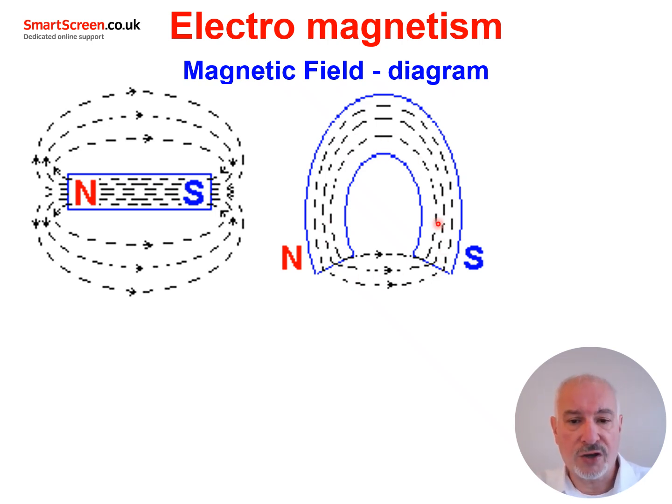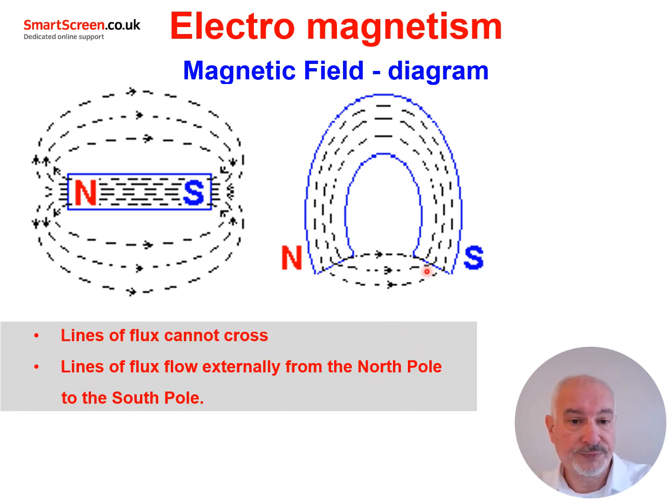So we've actually got an overall circuit where the lines of flux are flowing around through the magnet and then outside of the magnet. And a couple of rules about these lines of flux is that they can never cross. So the lines of flux don't cross each other. And then, as we've already stated, the lines of flux flow externally from the North Pole to the South Pole.